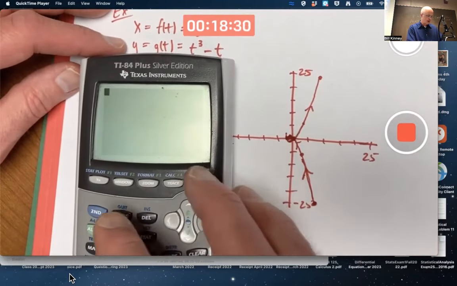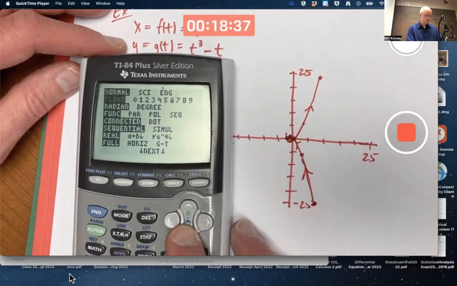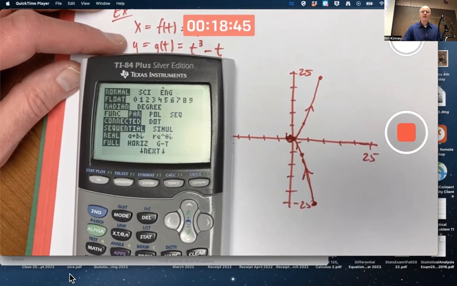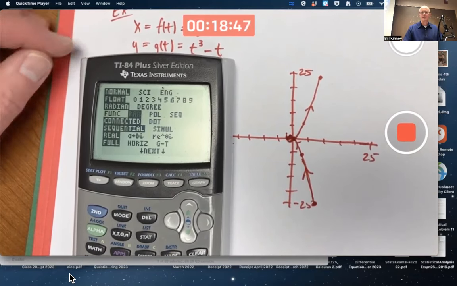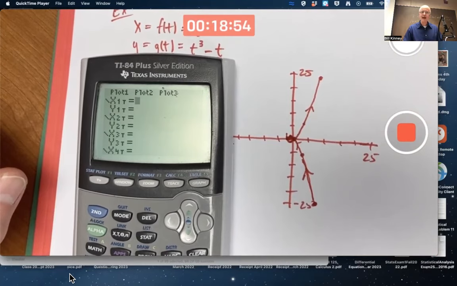You go to your mode, first of all, and go out of function mode. Go to par or parametric. My calculator looks like this. Then when you go to your y equals screen, it'll look different than usual. Looks like that.